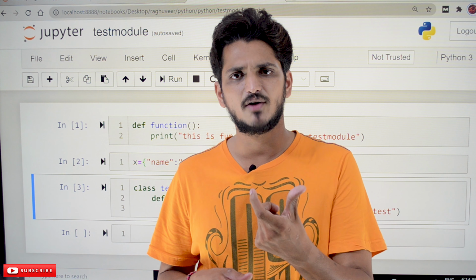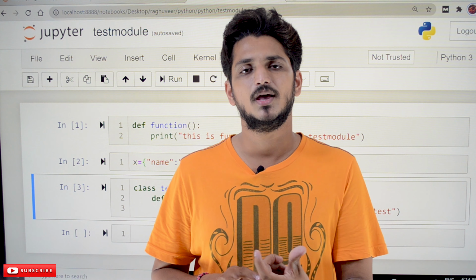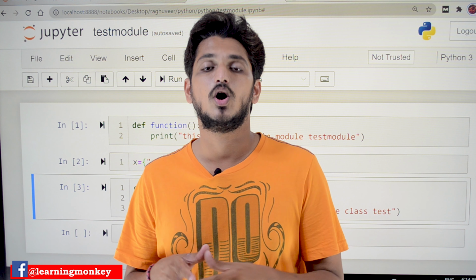But in our playlist, we are using a Jupyter notebook. The files that we create in Jupyter notebook have the .ipynb extension. So how to convert that into .py and how to use those modules, we will understand with an example in this class.